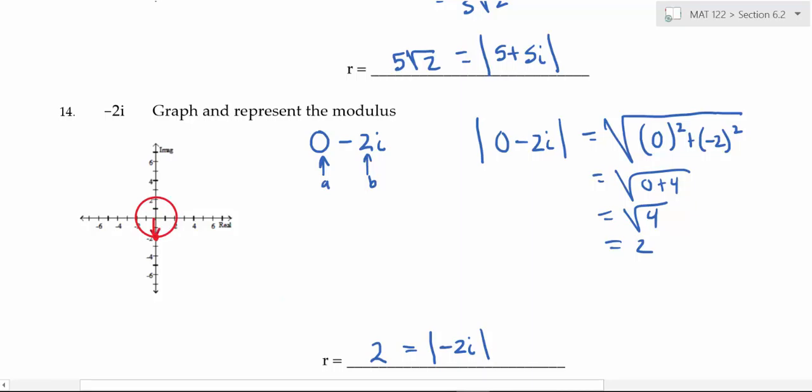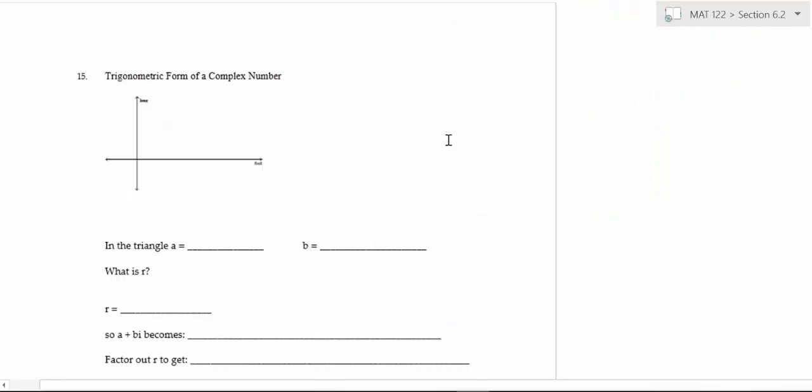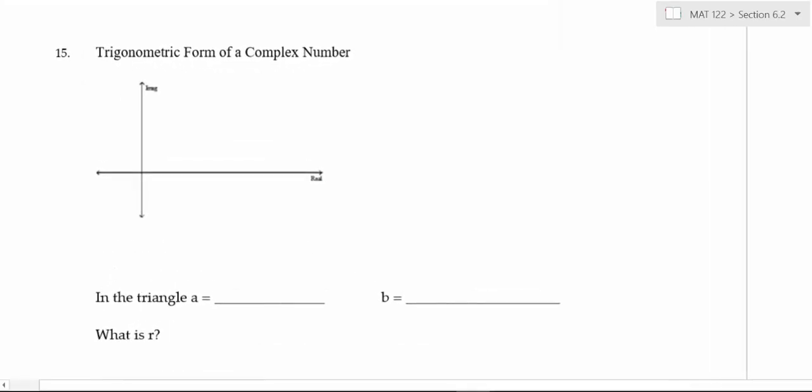And see, on this problem, you can just count it. If your complex number is on an axis, you don't really have to use this formula. You can just count it and tell what you have. Right, so that'll take care of the modulus, which is a pretty easy concept. Just remember, it's a radius of a circle. It's the distance from the complex number to the origin. Then it's a real easy thing to develop.